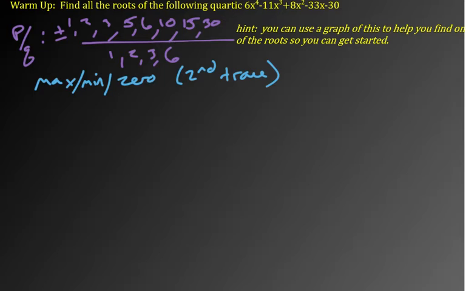I mean, you can always do one fast: 6 minus 11 plus 8 minus 33 plus, minus 30. Let's see, that's going to be minus 30. Yeah, so that doesn't work, so that's not 0. But the idea is, you can always check a few, like 1 really quick, or -1. But a lot of them are not quick.